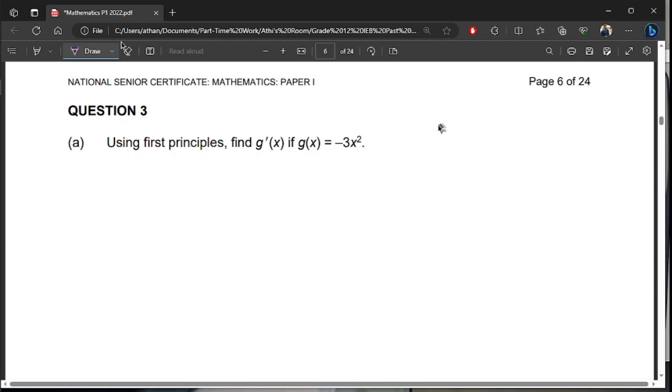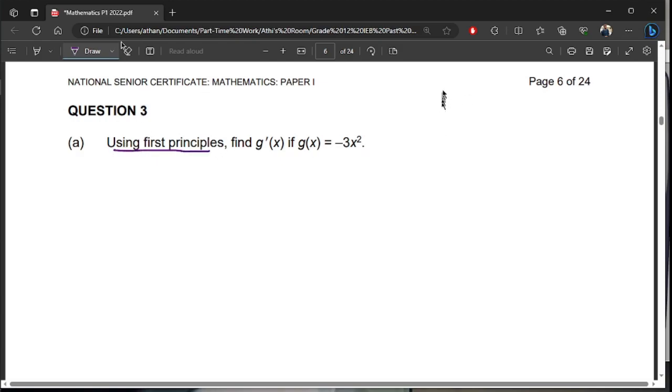Revision. Question 3, guys. A says, using first principles, find g prime x if g of x is equal to negative 3x squared. So we are going to do differentiation here. We're going to find the derivative from first principles.